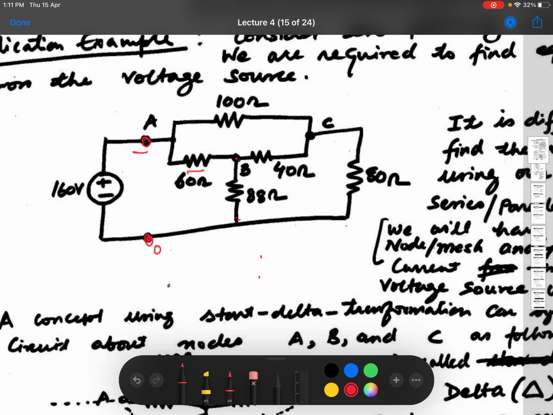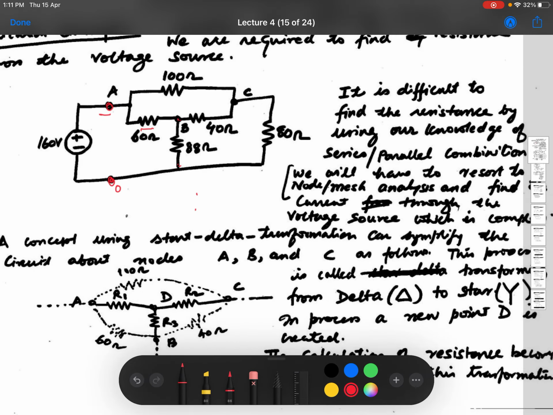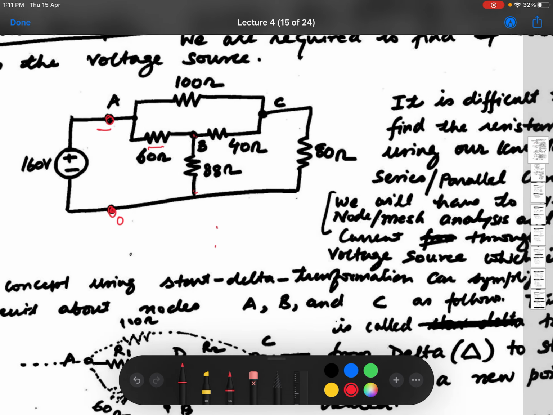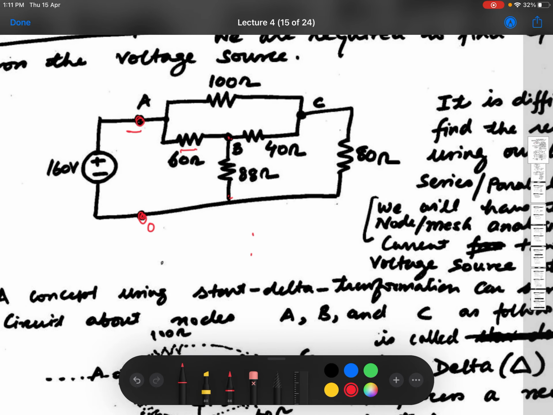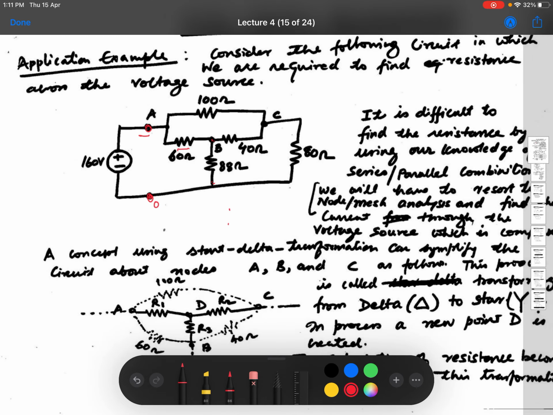So in this type of connection, the resistances come neither in series nor in parallel, and it is not straightforward to calculate the resistance between A and O.